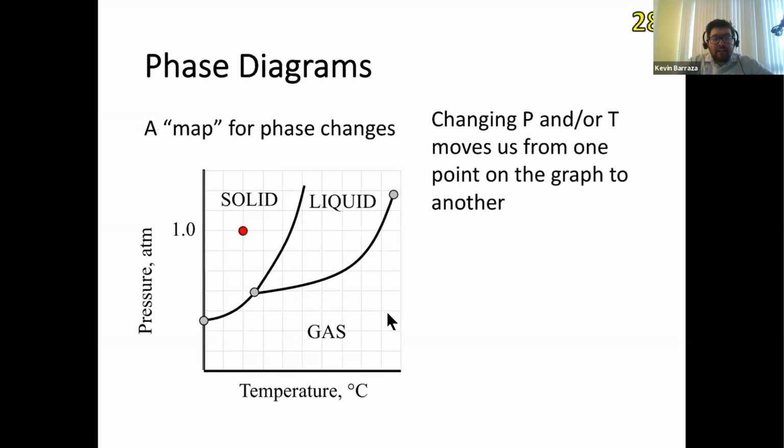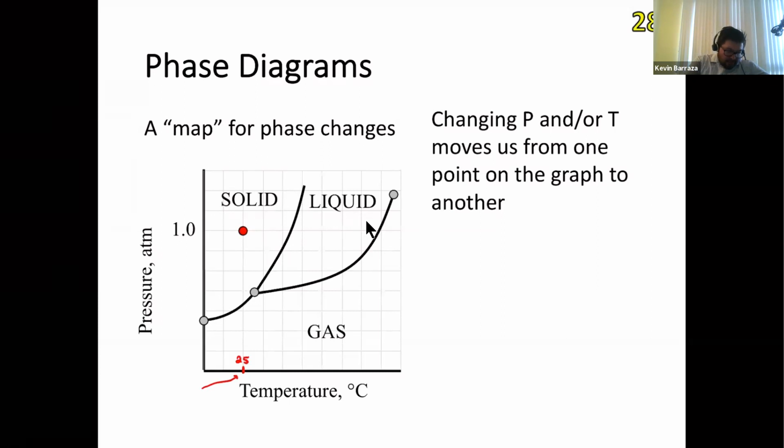So if I decide to put a point on my graph, I might be able to determine what the phase of that substance is. As an example, if I were here on my phase diagram, I can use the coordinates to tell me what temperature and what pressure I'm at. Perhaps in this case, let's call this 25 degrees Celsius.